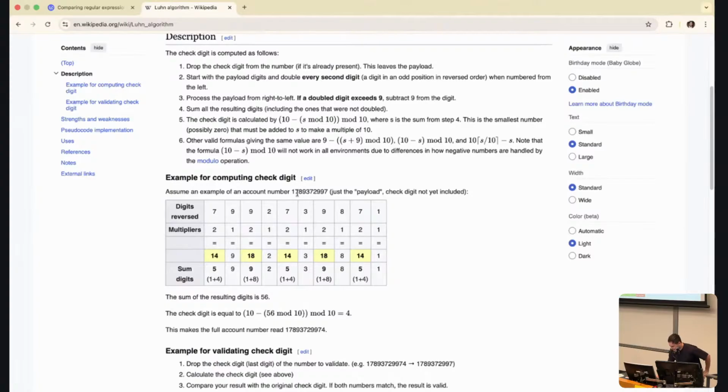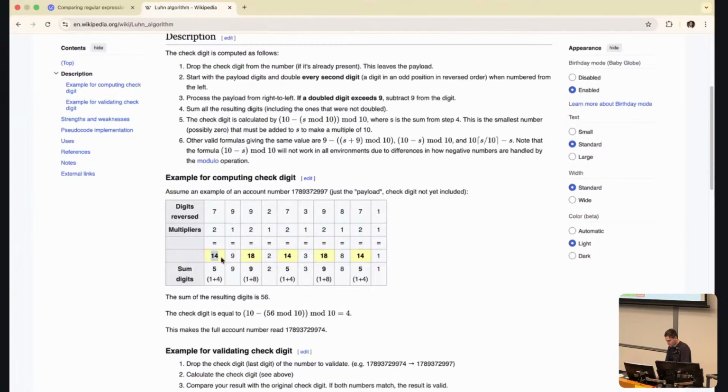So if we have the account number 17893729997, which is the payload, okay, we know this. Check digit not yet included. So reverse the digits: 79927398871. You do an alternating multiplier. I guess this protects against flipping two numbers, right?